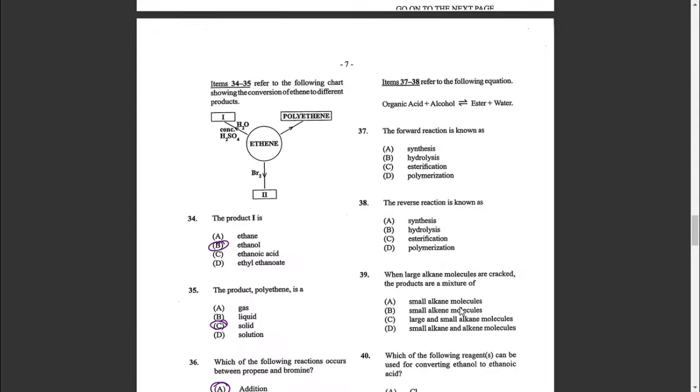Organic acid plus alcohol gives ester. The forward reaction is known as esterification. The reverse reaction, going from the ester and water to the alcohol, would be hydrolysis. Since you get back the exact carboxylic acid, it is specifically acid hydrolysis.